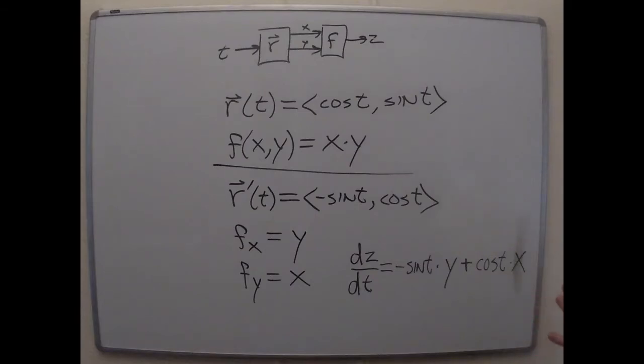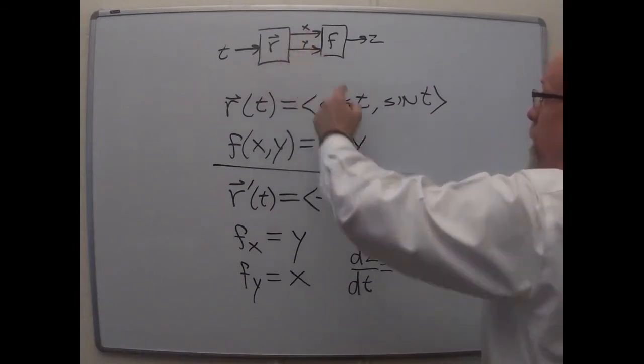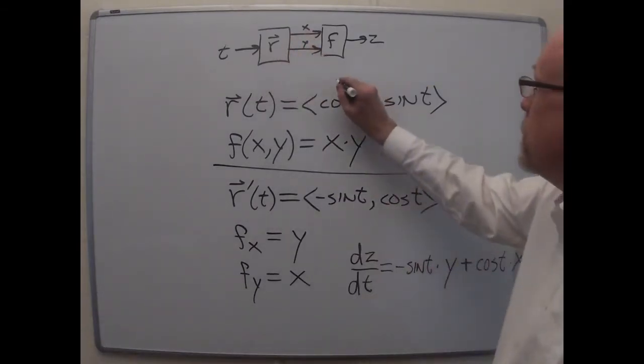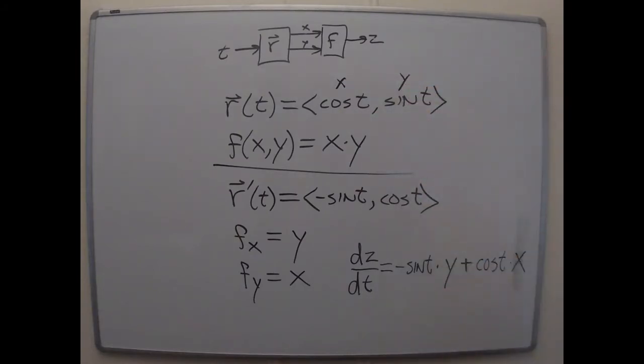All right. So far, so good, except, wait, there's a problem here, isn't there? This one has got t, and that one's y. This is t, and that one's x. I've got to be able to write all this stuff in terms of the same thing, don't I? Well, what are y and x? They're the outputs from r here, right? So x is that position, and y is that position.